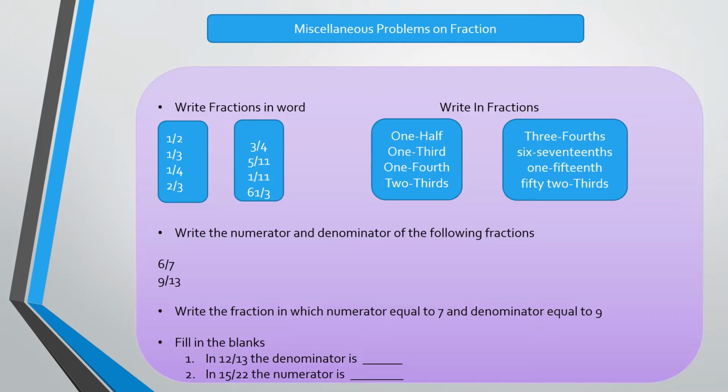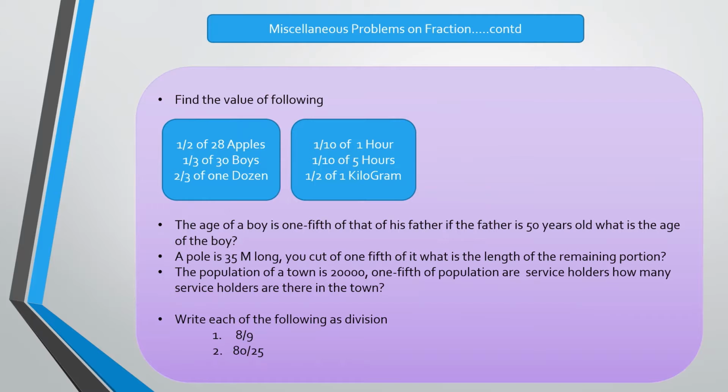We'll learn, or we have already learned, how to write fractions in words and how to change words into fractions. We'll also try to identify what exactly the numerator and denominator are, and then find a particular denominator or numerator of a given fraction.